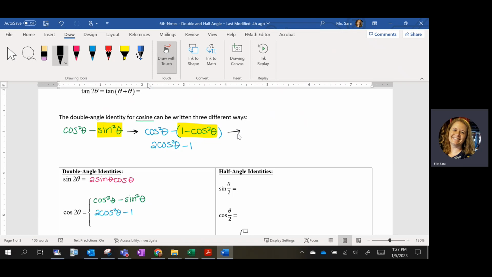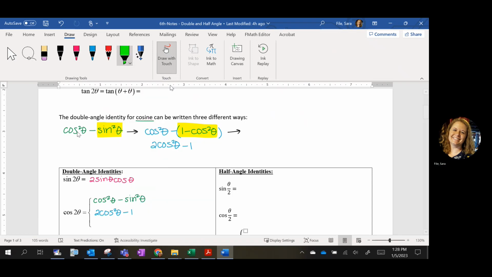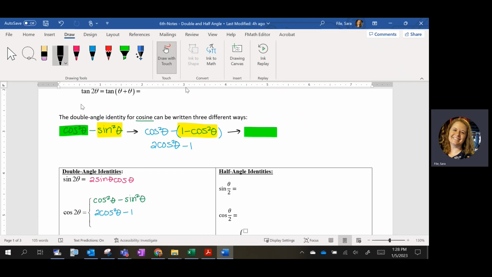Now the third way would be to make the other substitution. Instead of replacing sine squared with the Pythagorean identity, replace the cosine squared. What would cosine squared be equivalent to?